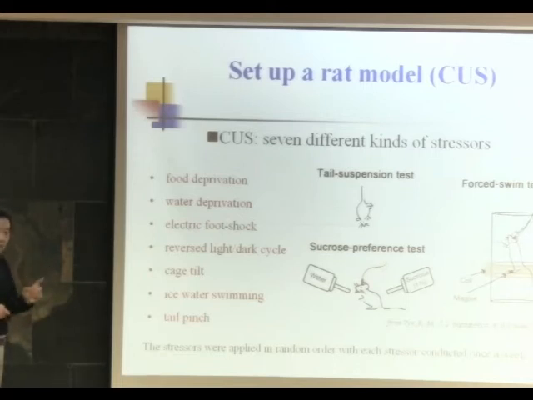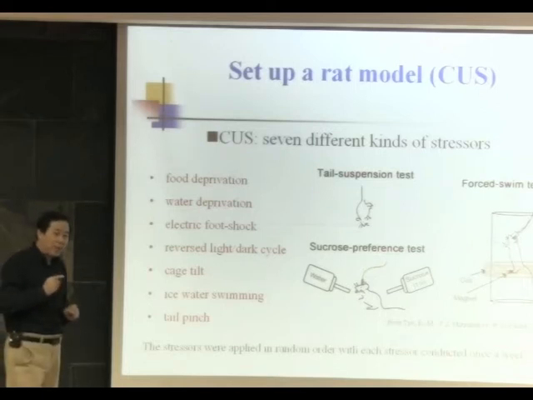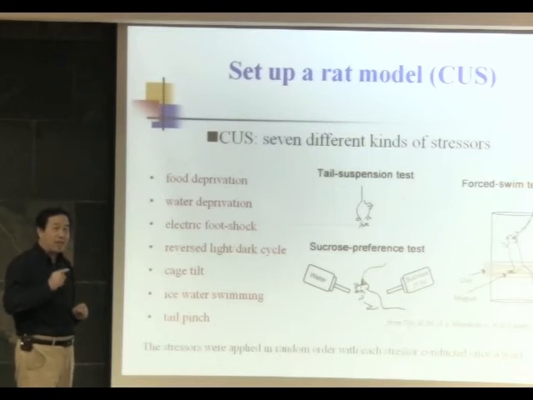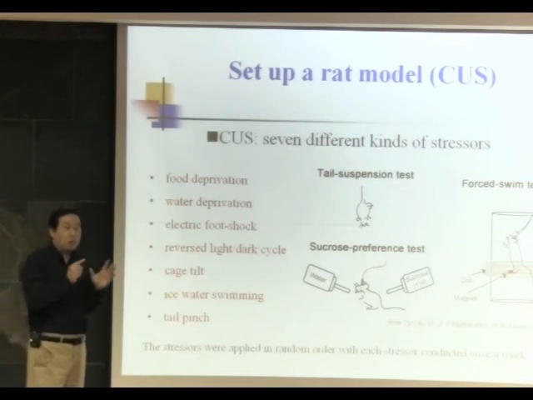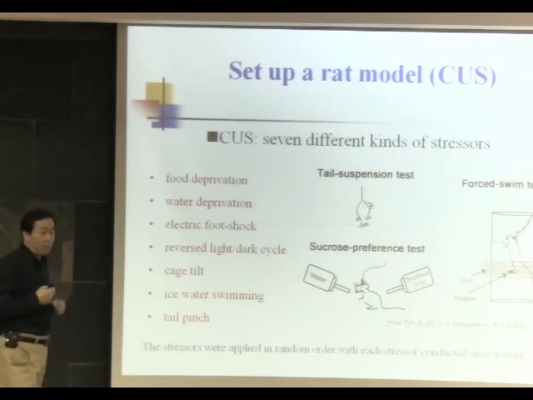Each week we give 7 stressors: food deprivation, water deprivation, electric foot shock, reversed light-dark cycle, cage tilting, ice-water swimming, and tail pinch. These are all the stressors. Most importantly, we give the rats these stressors in random order, so the animal doesn't know which kind of stress will be given.